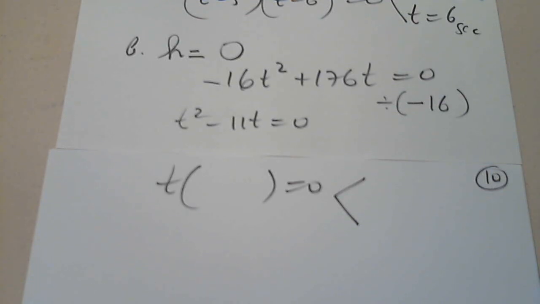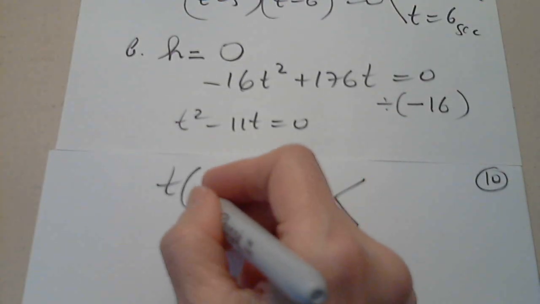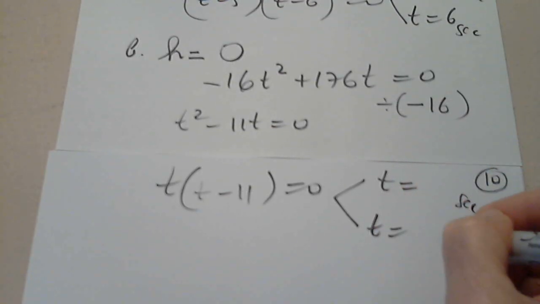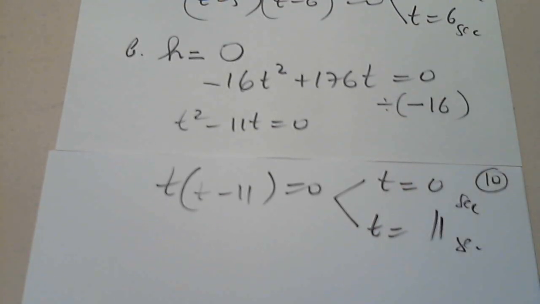What is left in parentheses, please? t minus 11. Very good. Can anyone give us the two solutions? 0 and 11 seconds.